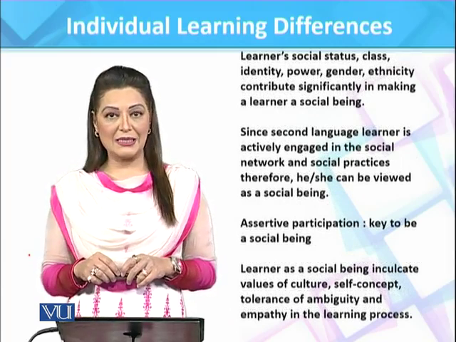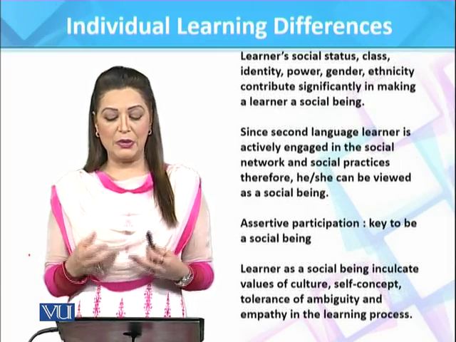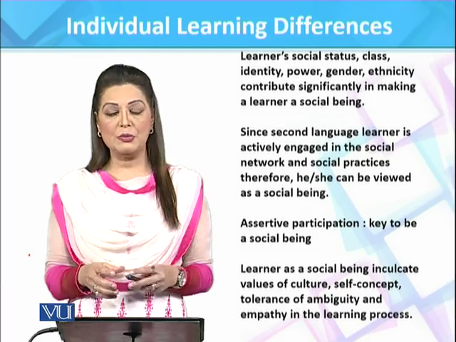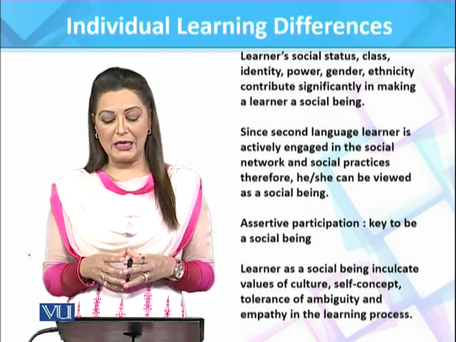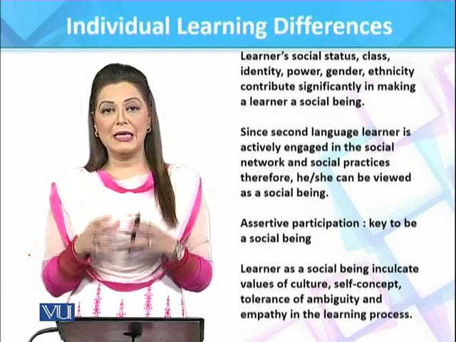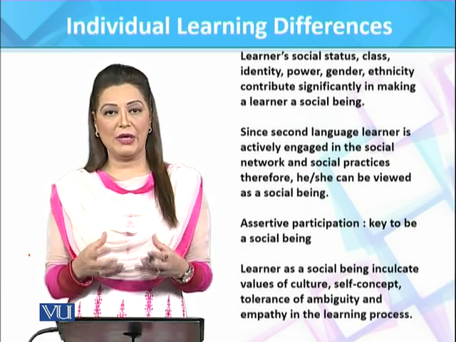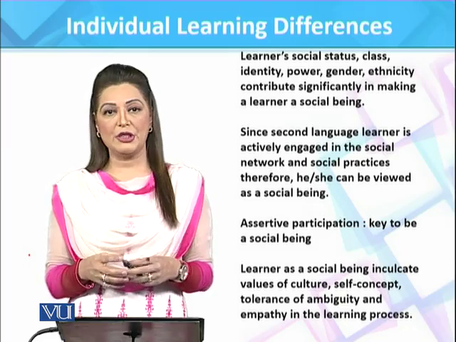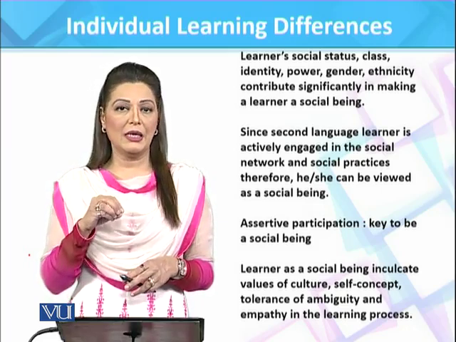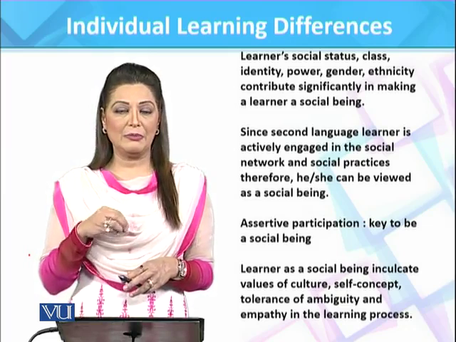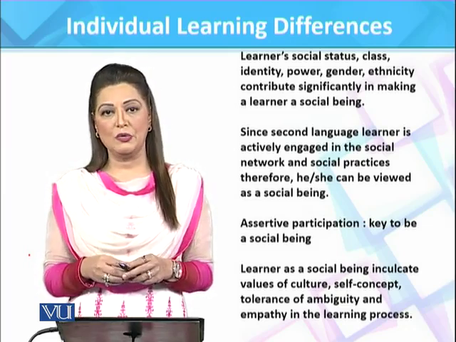Learner's social status, class, identity, power, gender, ethnicity contribute significantly in making a learner a social being. So since the learner is an active participant in this role of language as a medium of communication, we see that learners own a social status in the class he or she belongs to.